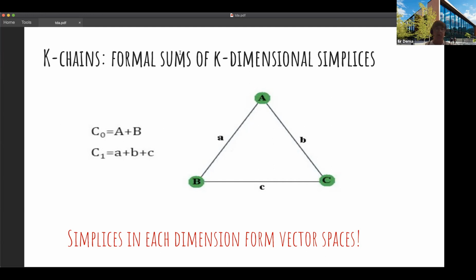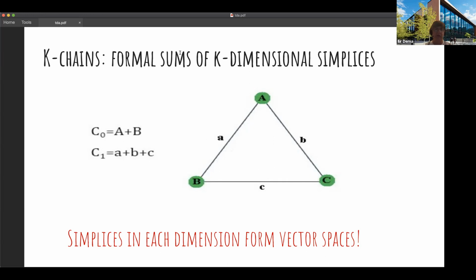Now, if we look at the process a little bit more formally, just look at the triangle that we have in the image. The starting point is the three vertices. In an abstract sense, we can take these three vertices as abstract vectors, and we can form linear combinations of those.